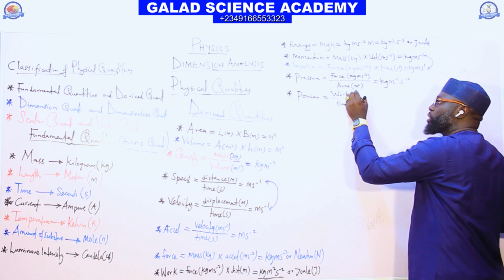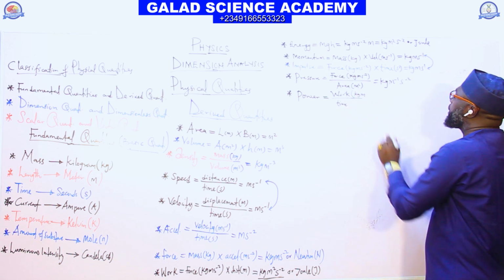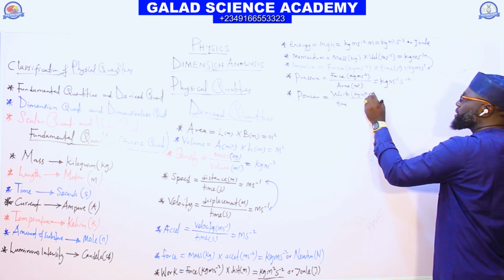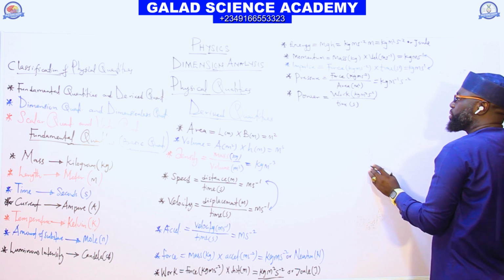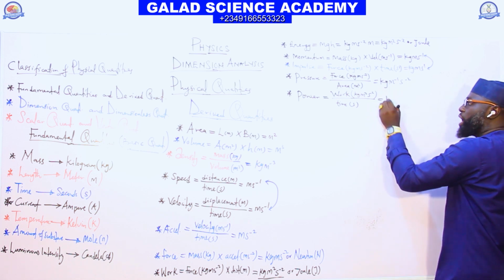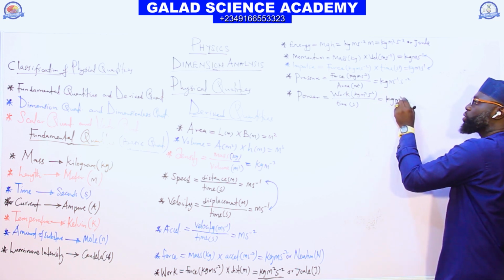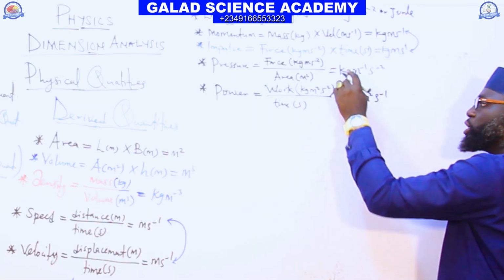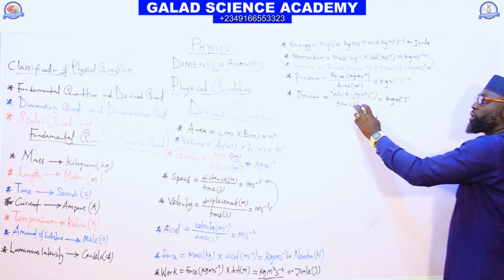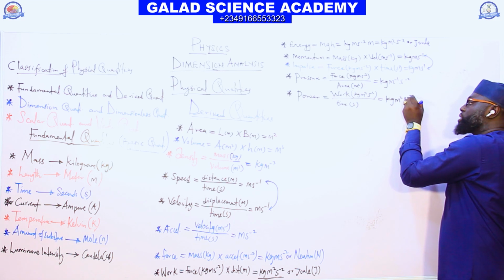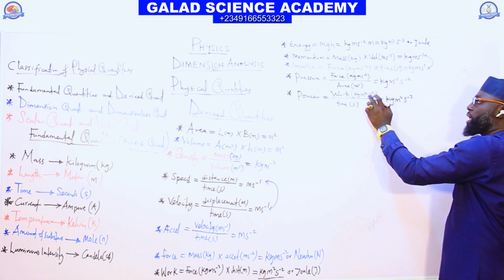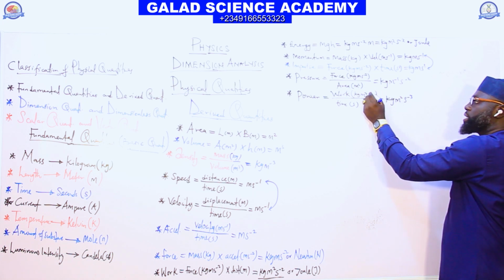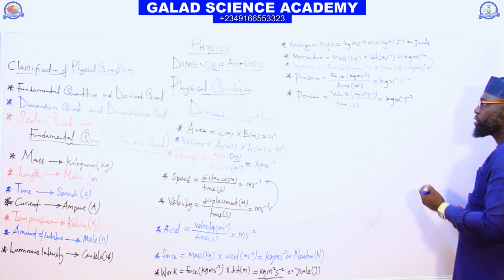What is the unit for work done? kg m square per seconds square over time. So it will now have kg m square minus 1. When this goes up, it will become minus 3. Sorry, minus 1, minus 2 here. This is minus 2. Yes.